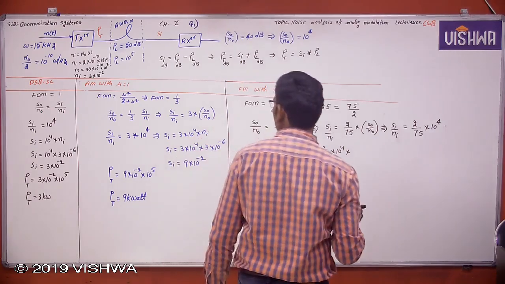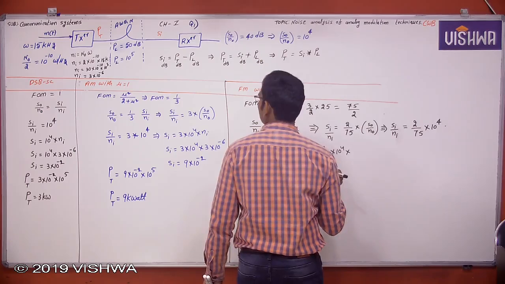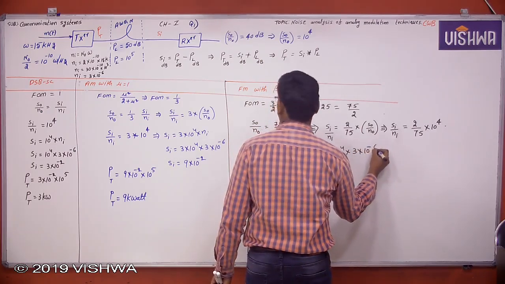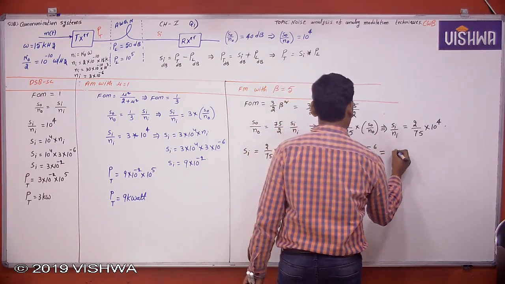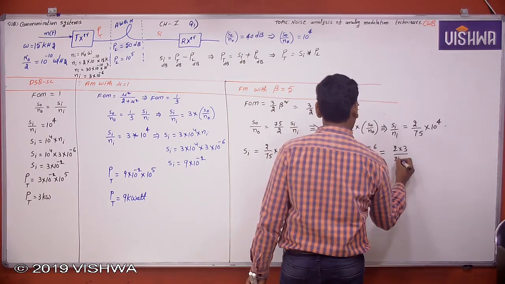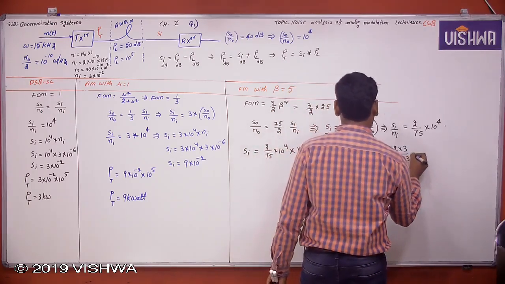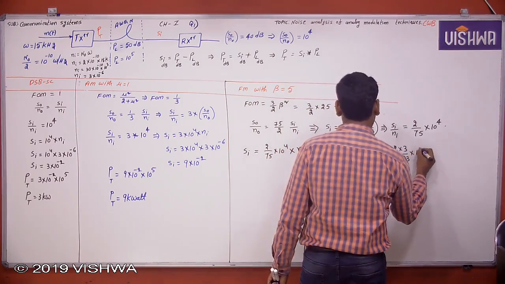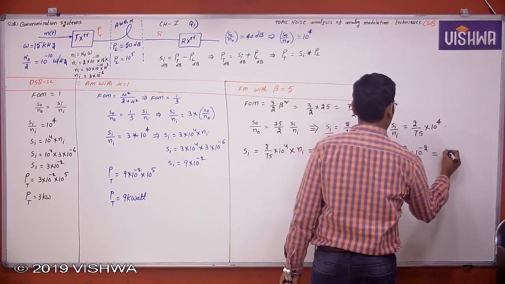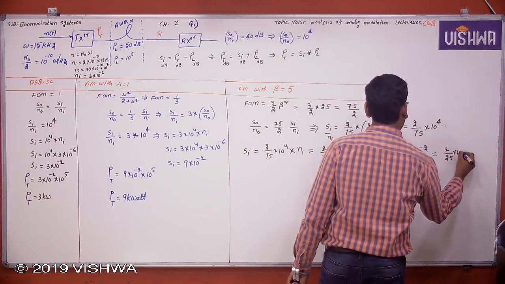What is NI? NI is nothing but 3 into 10 power minus 6, which gives 2 into 3 by 25 into 3 into 10 power minus 2, which is equal to 2 by 25 into 10 power minus 2, after cancelling 3.